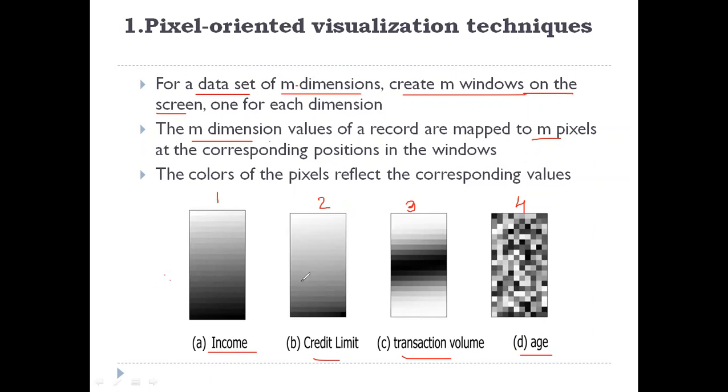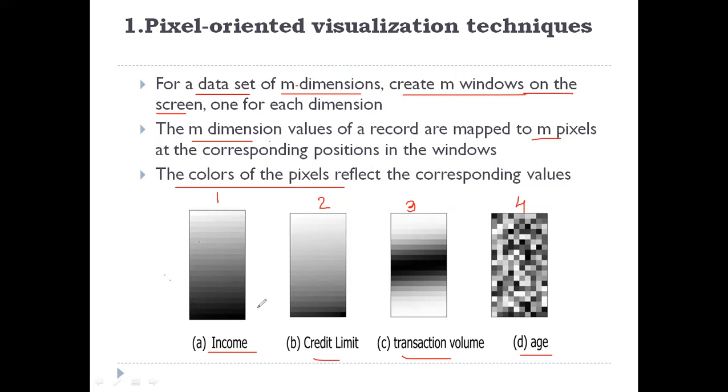These are the different representations in the form of pixels. The pixel sizes, colors, and shapes are varied from dimension to dimension, right? The colors of the pixels reflect the corresponding values.